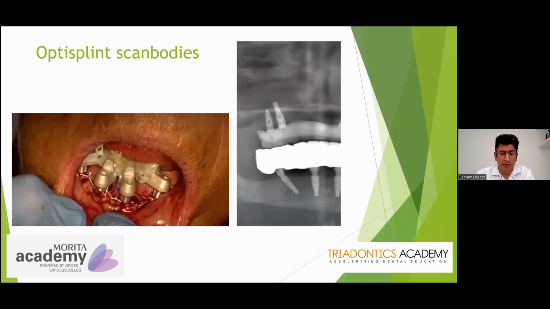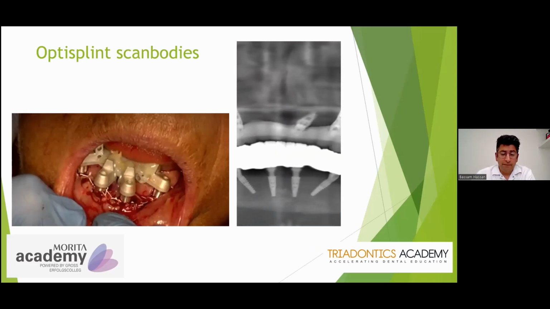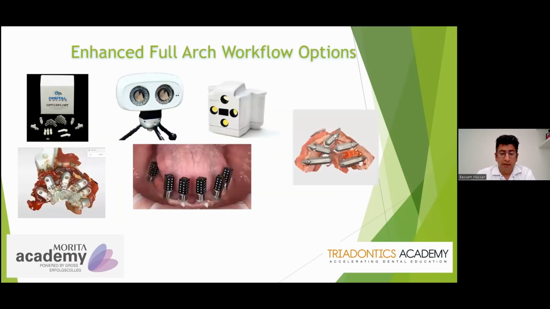This is really challenging. So some exceptions apply, and that's why there are other technologies that you can use for capturing implant positions where the intraoral scanner is failing you, or where it's not enough. You can use the OptiSplint, or you can use photogrammetry like Big Dental, or Icon 4D, or N-Sequence. And there are many solutions popping up every day.